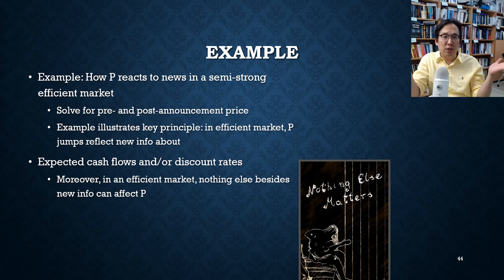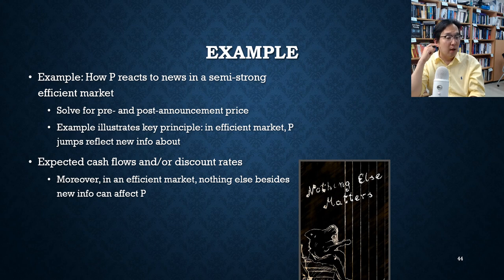You may say bullshit or whatever, especially if it is marketing news or advertisement, spinning, saying something good or bad about the company. Everything boils down to two things: is it about the cash flow or is it about the risk of the company? Nothing else matters. So we finance guys live in a very simple world. Only the information, especially about cash flow or risk, matters.